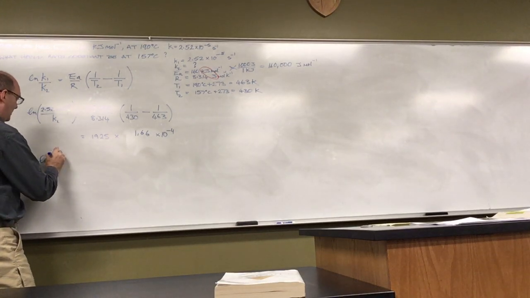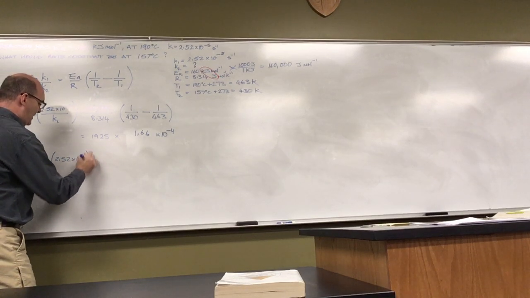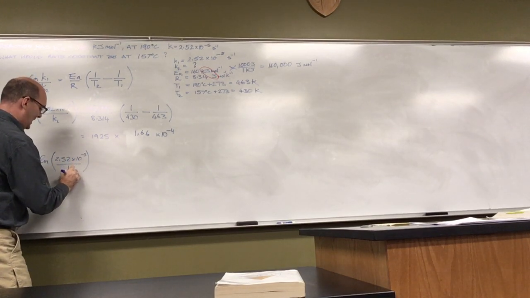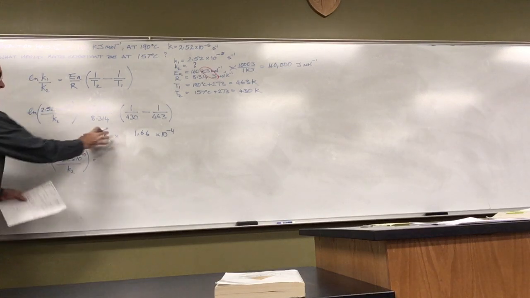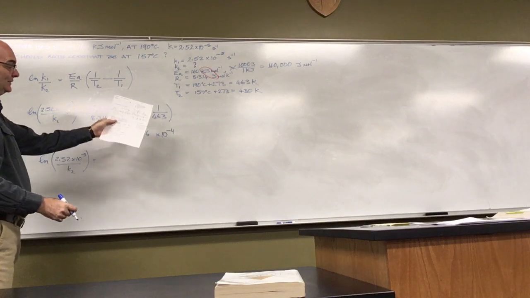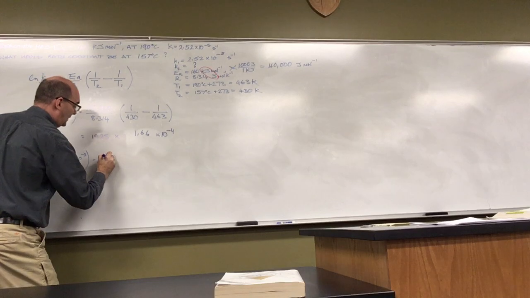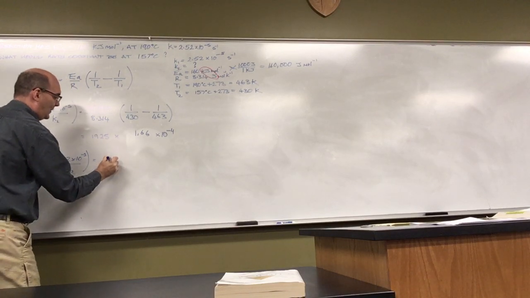Okay, so the numbers are going to remain the same, which means that the natural log of 2.52 times 10 to the negative 5 over K2 equals, smash those two numbers together. On my page, it's a negative number because I did it upside down. Here, it's going to be the positive number.